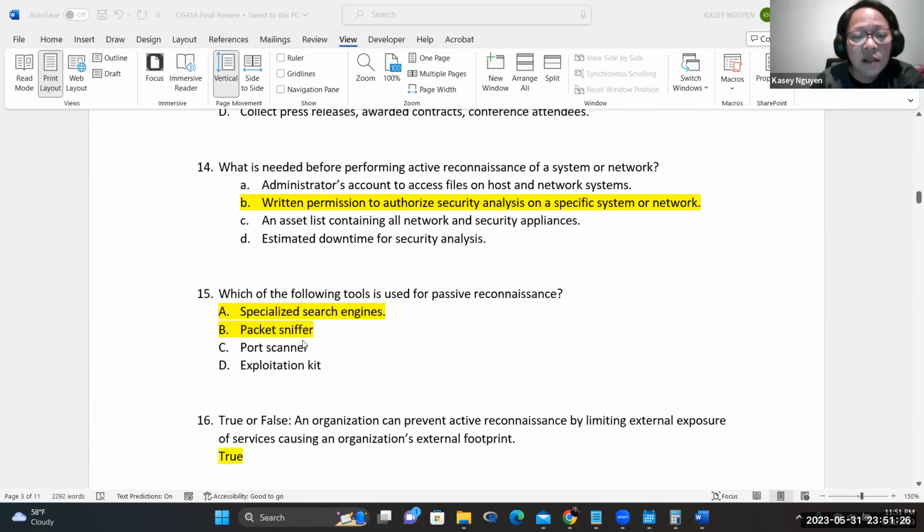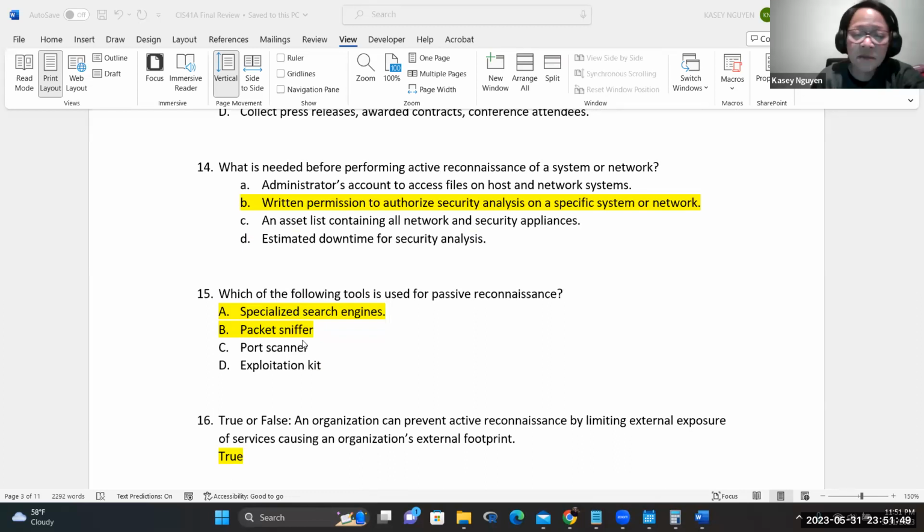15. Which of the following tools is used for passive reconnaissance? And we know that there are active and passive reconnaissance. For passive reconnaissance, we want to be able to do it quietly where the system is not going to be able to see that we are looking at certain things.